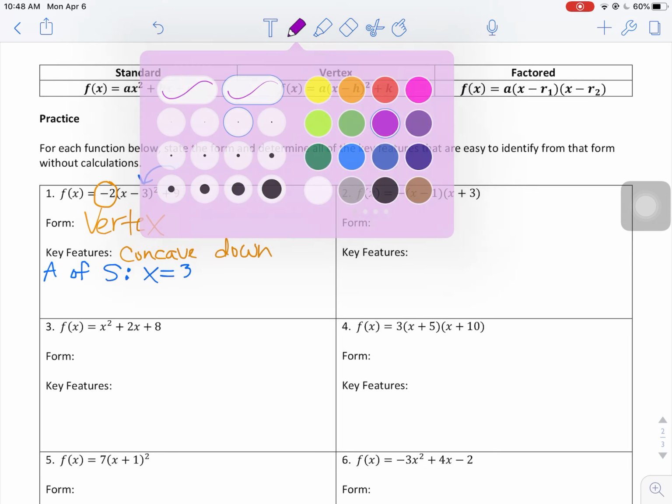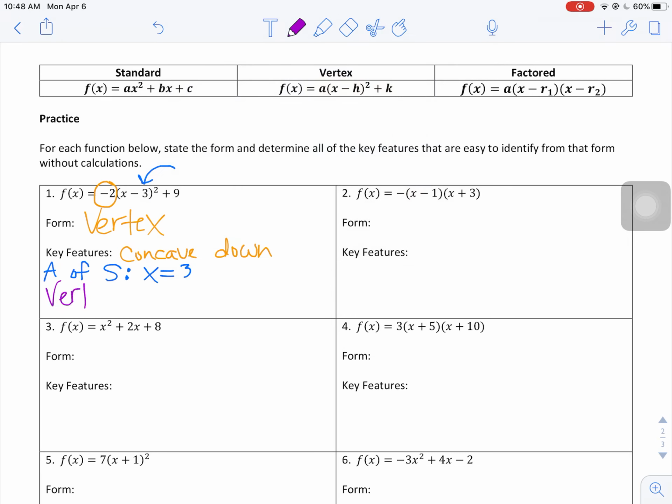And then the last thing that's super easy to find from vertex form is the vertex. That's why it's called vertex form, because it's easy to find the vertex. So vertex is H, K. So remember, K is your number in the back. H is the opposite of your number in the parentheses.